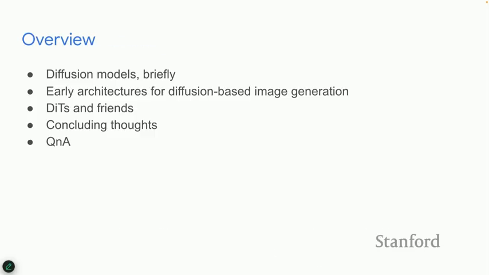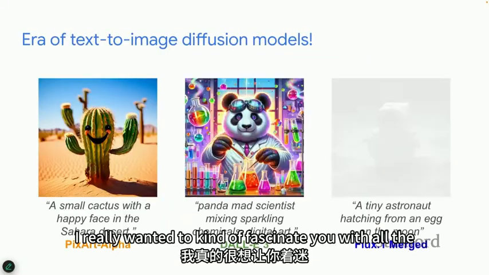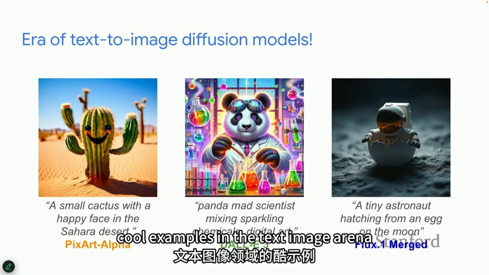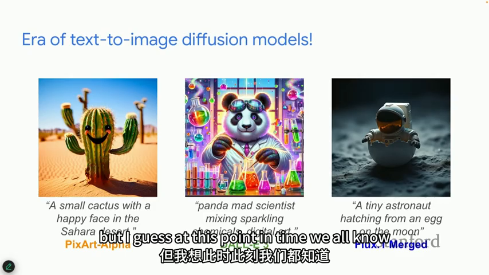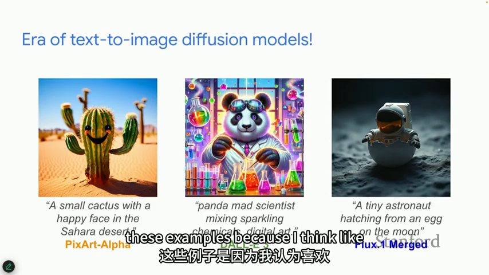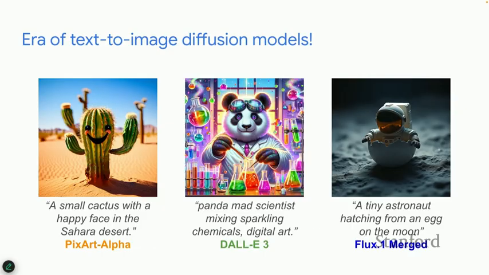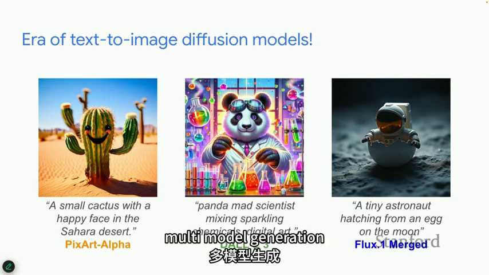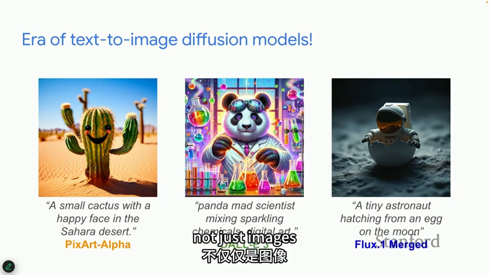I really wanted to fascinate you with all the cool examples in the text-to-image arena, but at this point in time, we all know these examples because these days we are becoming more and more interested in native multimodal generation, not just images.